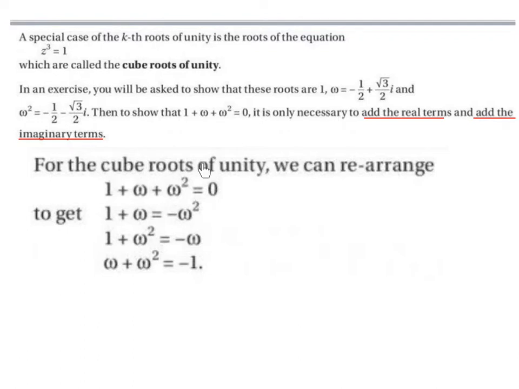We will use different arrangements of it in different questions. So you want to watch out to see if these pop up, because if they do, you can substitute. For example, if 1 plus w came up in one of your questions, you could substitute it for minus w squared. If 1 plus w squared came up, you could substitute that for minus w, and so on.